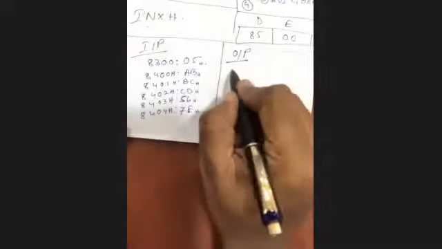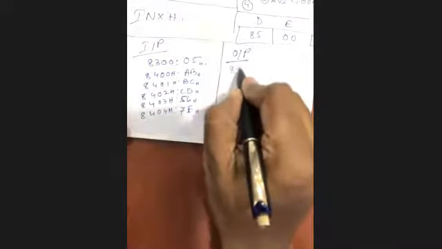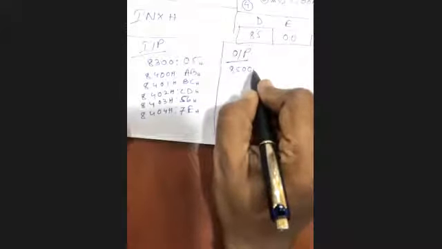Next, the output. Output will be stored. Sir, next to 8403H it is 56H. Sir, 56 is decimal, isn't it? 56 decimal?